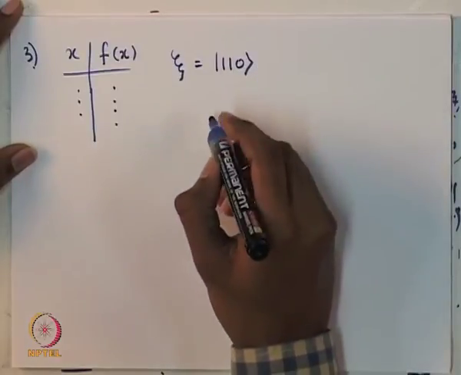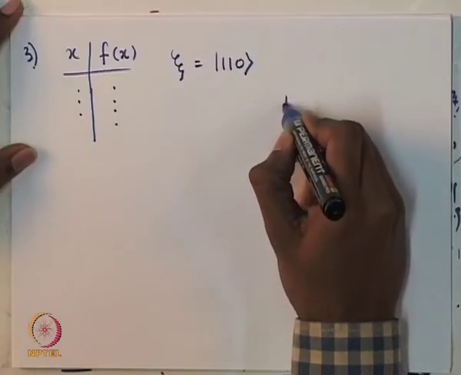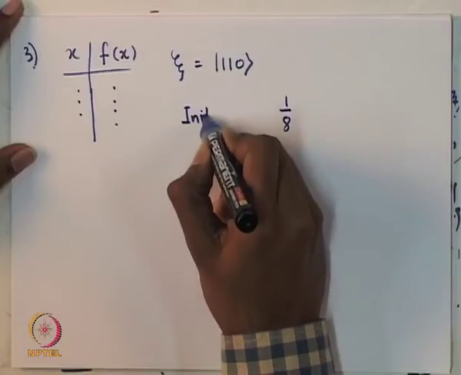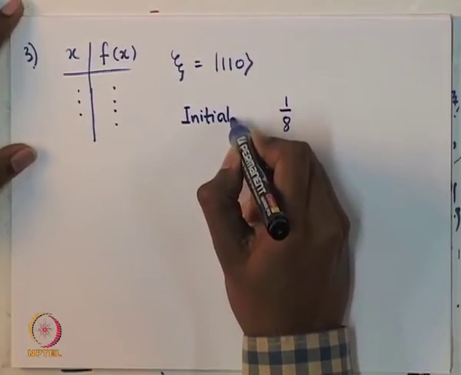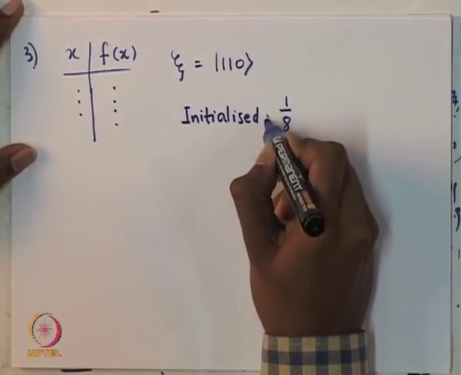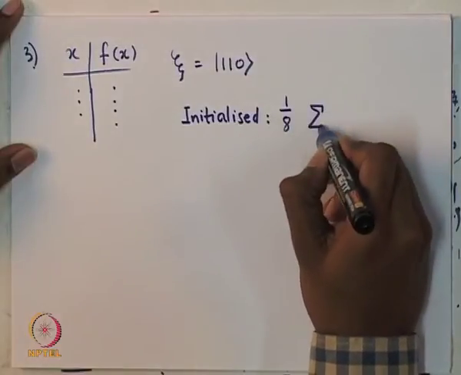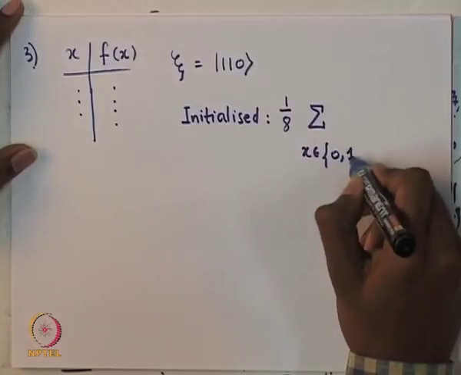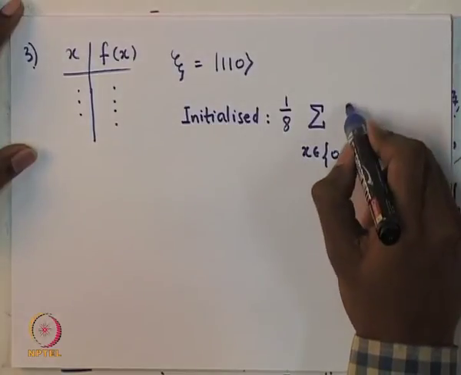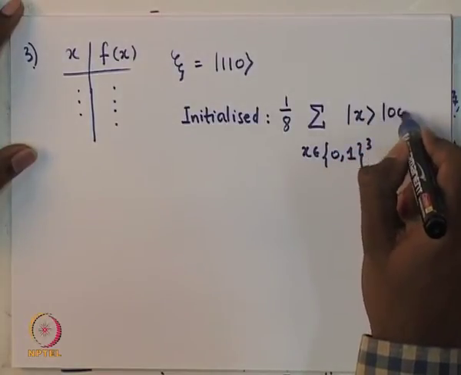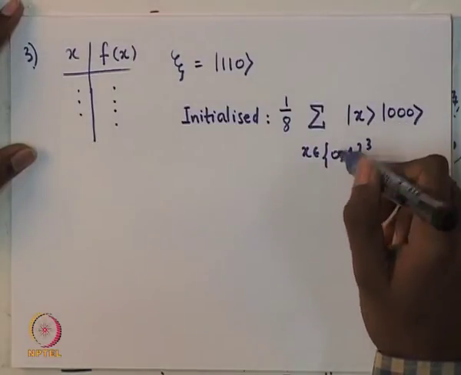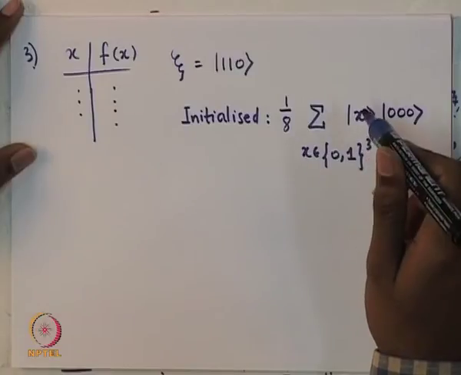As we know, Simon's algorithm is initialized with the state 1 by root 8 times the sum, with 000 in the second register and all the possible states of 3 qubits in the first register.